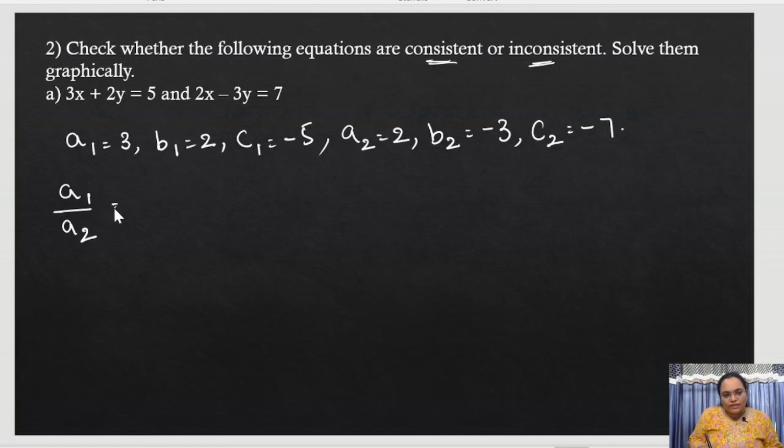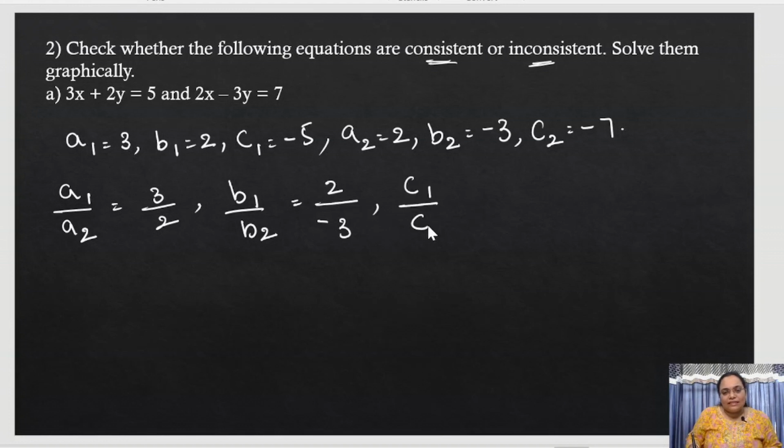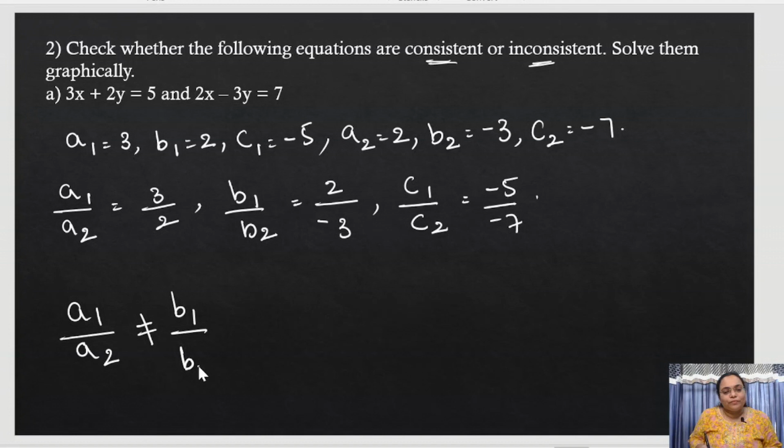A1 by A2 is equal to 3 by 2. Then B1 by B2 is equal to 2 by minus 3. Then C1 by C2 is equal to minus 5 by minus 7. Now see here, by seeing all the three ratios, we can say that A1 by A2 is not equal to B1 by B2.